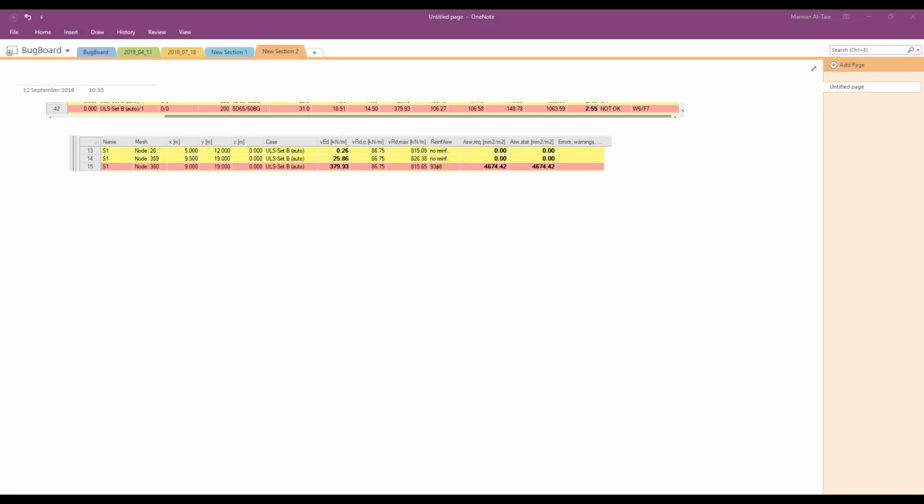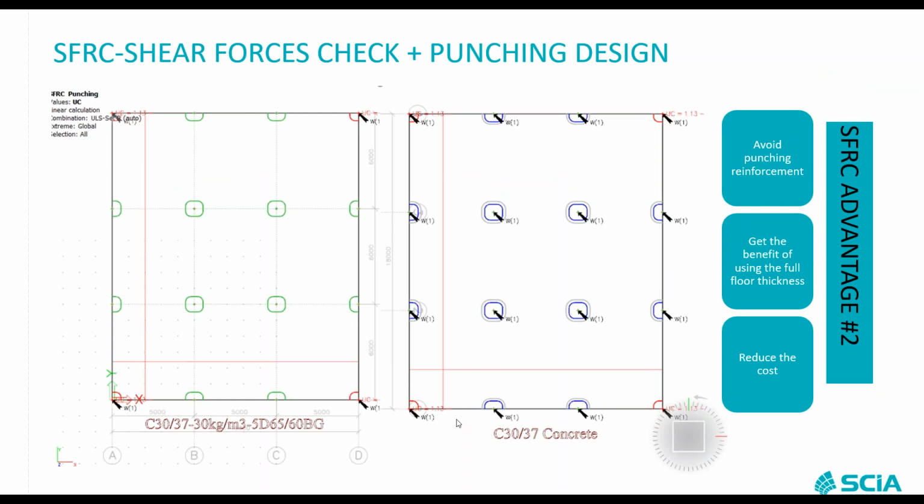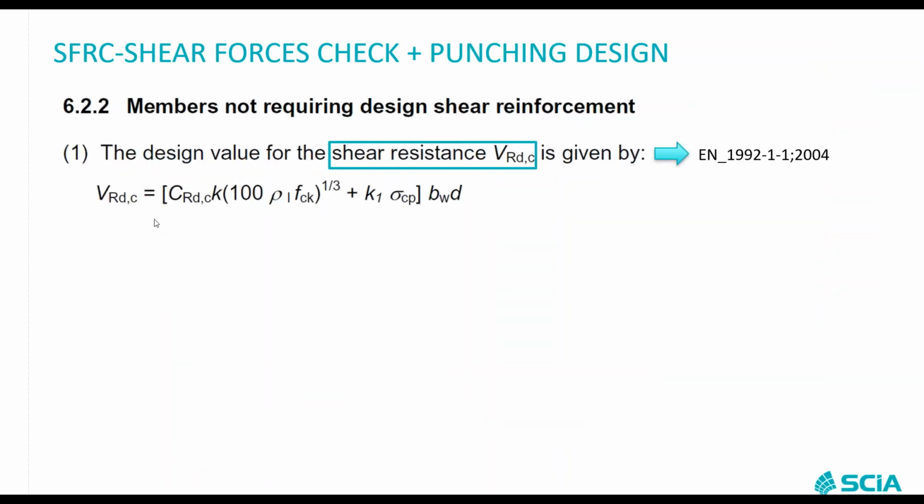If we go back to the presentation itself, the code says that for the calculation of the VRDC with steel fiber, the value of VRDC should be taken from the Eurocode. It's exactly the same. Then why do I have a different value?